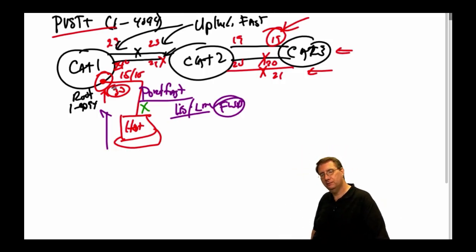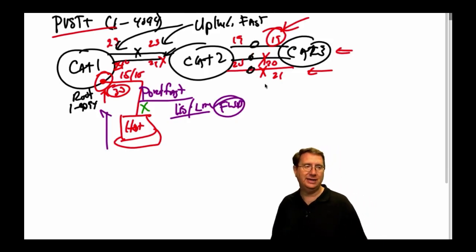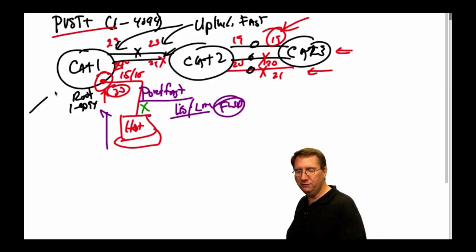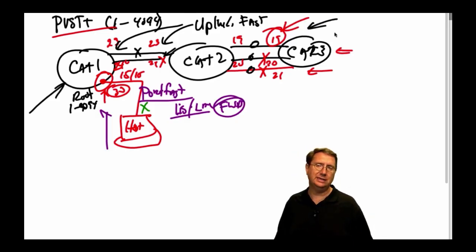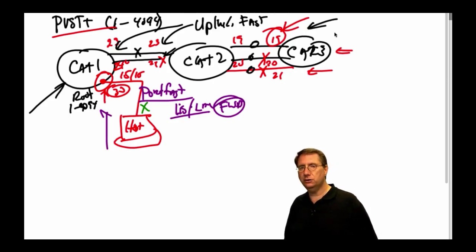Now, we also, in this scenario, notice we have 3 different ways to get to Cat 3. Now, we're only forwarding across one of them, but from the point of view of Cat 1, what if we lose one of these links? That means our layer 2 topology is going to reconverge.